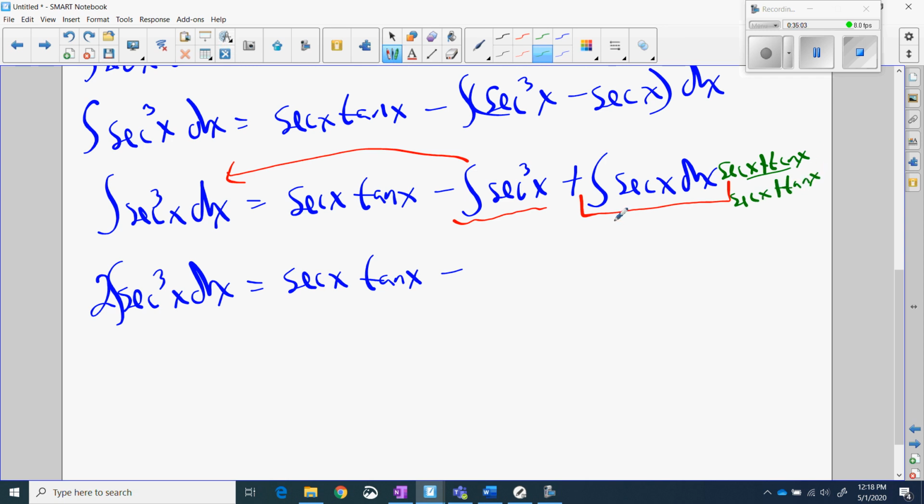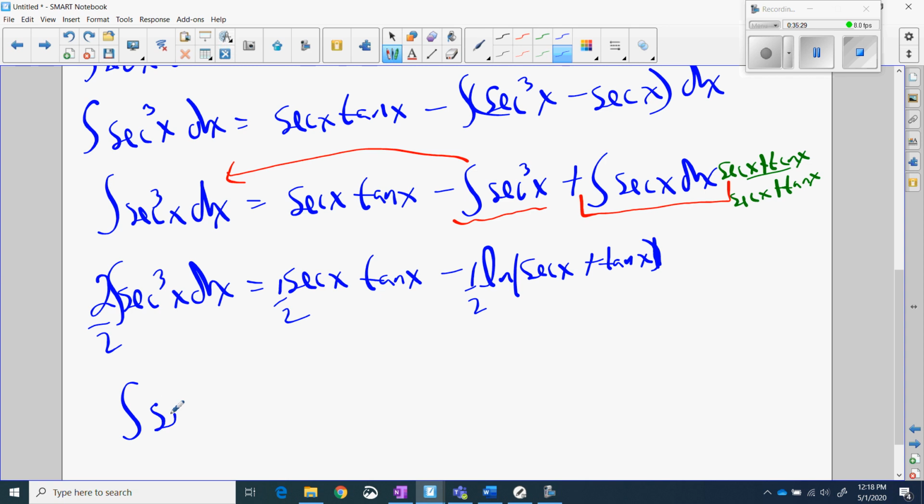That turns into the natural log. I'm not going to go through the whole process this time because we know what it is now. So the integral of that would be replaced with the natural log of absolute value of secant x plus tan x. Almost there. So then to get the integral, the original question, I just divide both sides by 2. Take half of that, take half of that.